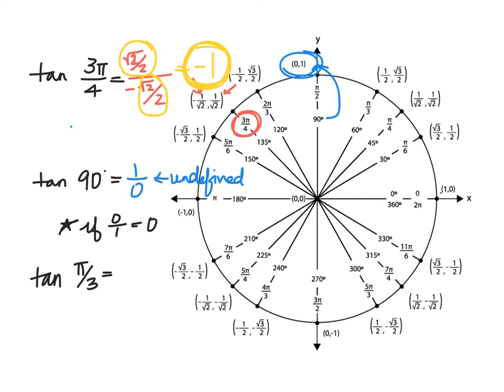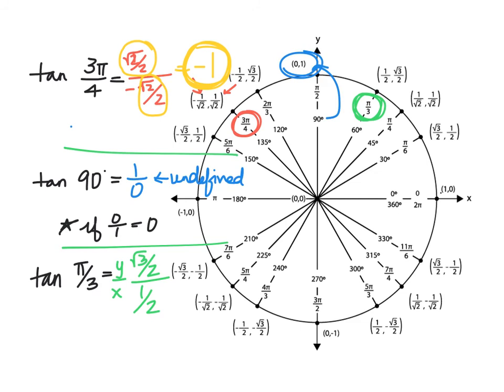All right, and then our last one right here is pi over 3. So if I try to find pi over 3, that's right here. So again, I'm going to do y over x, sine over cosine. So y is square root of 3 over 2 over 1/2. And again, that might look messy, but think about how you could maybe simplify that.